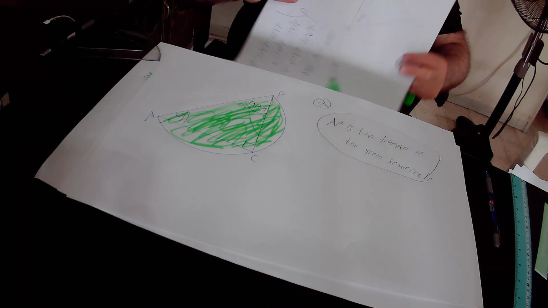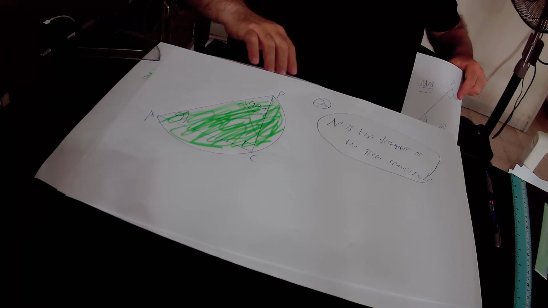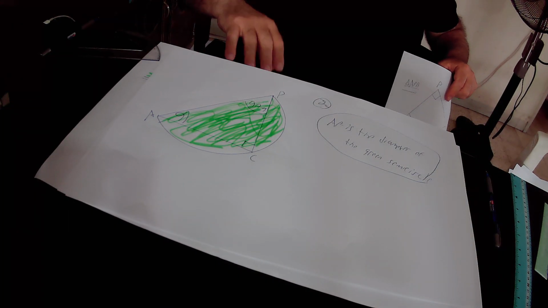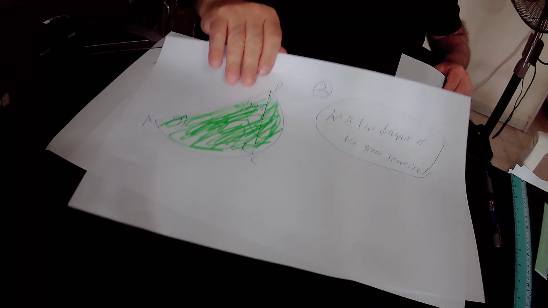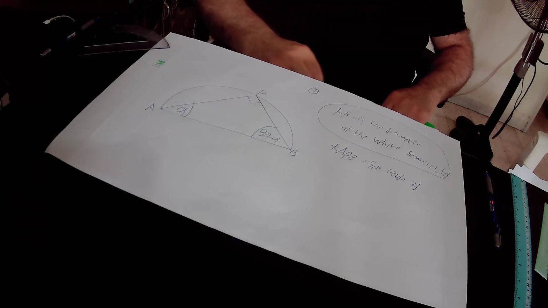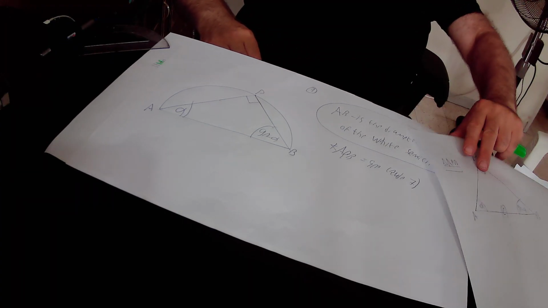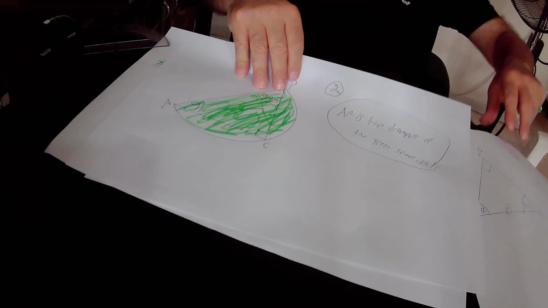In the next step, I copy those two right triangles in a new page. Copy the green right triangle and this white right triangle in a new page, and we put that the two right triangles are similar to each other according to the angle similarity rule.